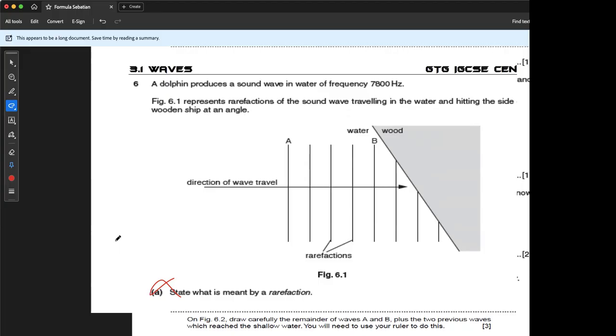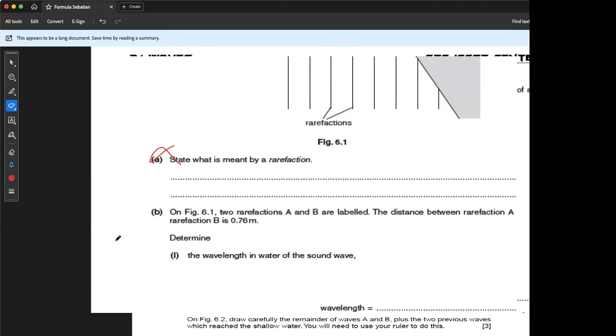Or refraction. This is one refraction, this is one refraction. Read the whole diagram. So this will be one refraction, this is another refraction, right?